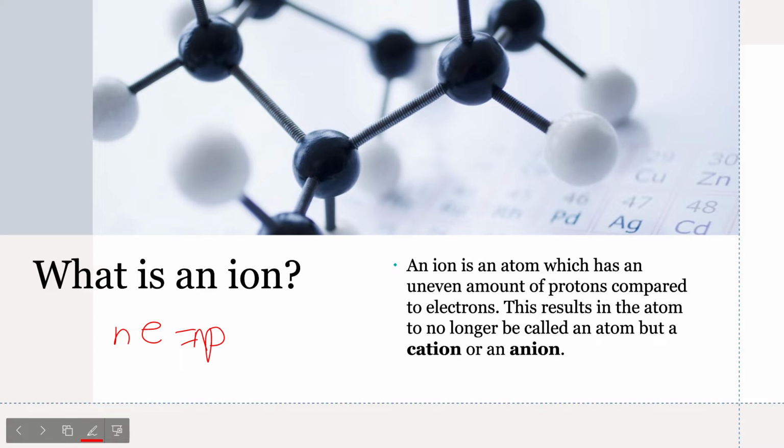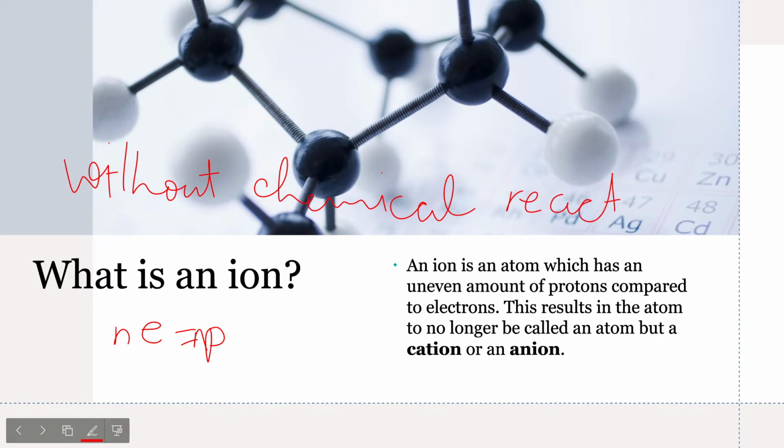So, normally without any chemical reaction, remember, without any chemical reaction, this is very important. Without any chemical reaction, the number of electrons is equal to the number of protons, but when chemical reactions happen, they want to kind of get rid of all the electrons in their valence shells.